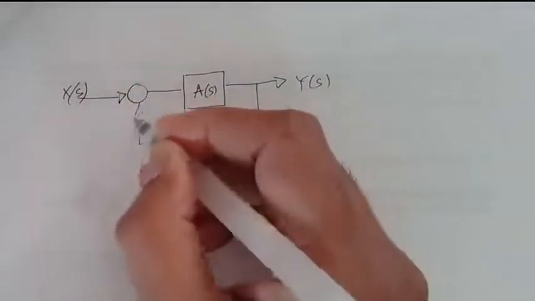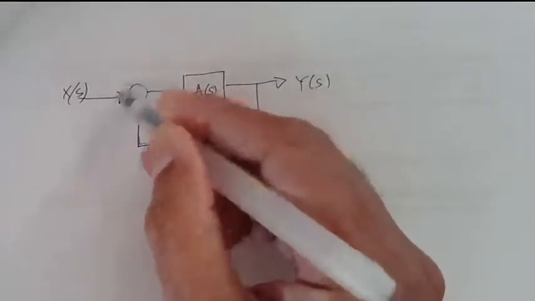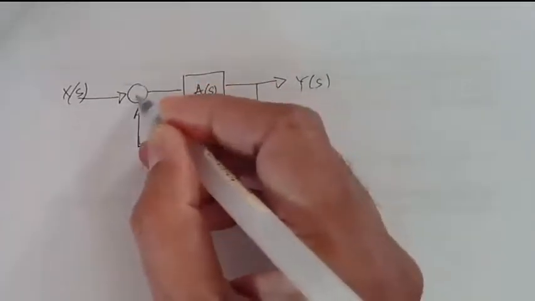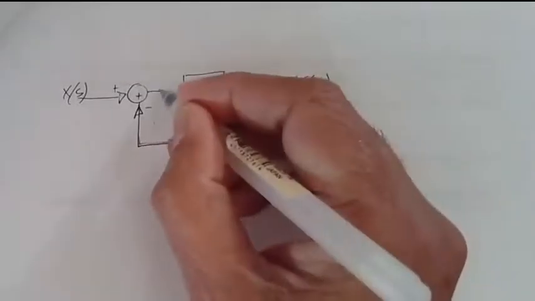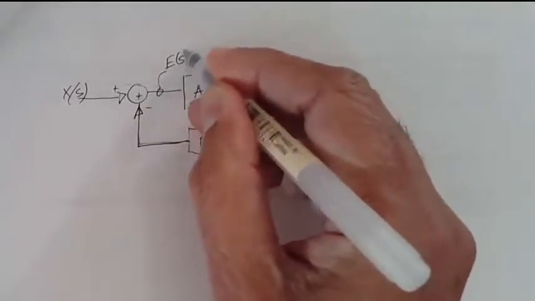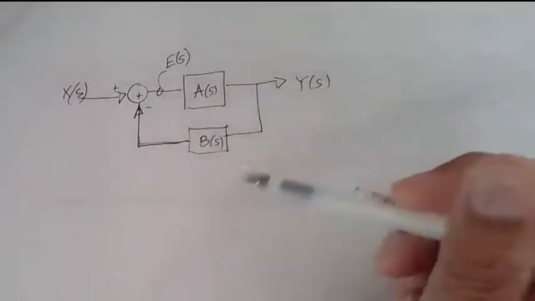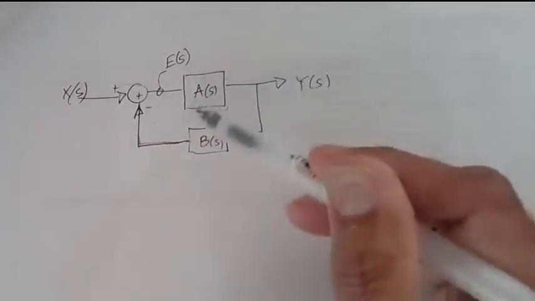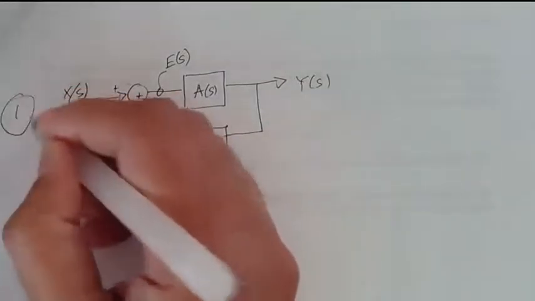And here we only have a single summer, a single place where things are coming together. Even if you had multiple things, all you have to do is make sure you label these and give them some additional variables. If you do that, you'll be able to really simply obtain the transfer function. So that's one thing I want you to remember.